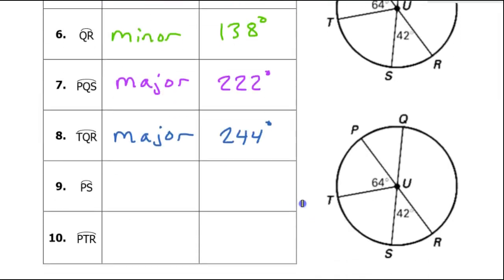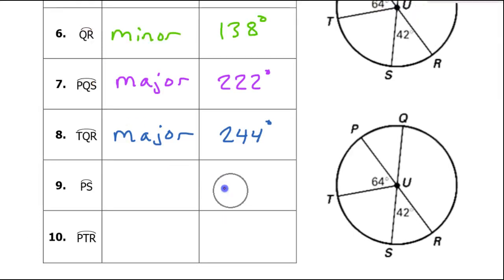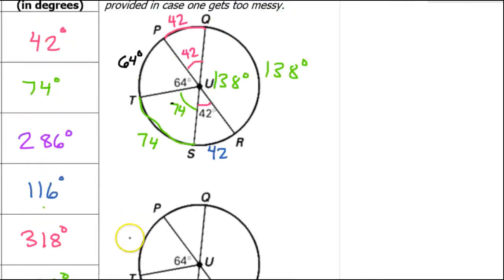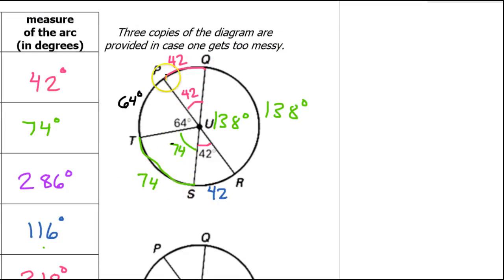That's 138. And arc PTR. Arc PTR. TR. Well, that's a semicircle, so that's going to be 180.